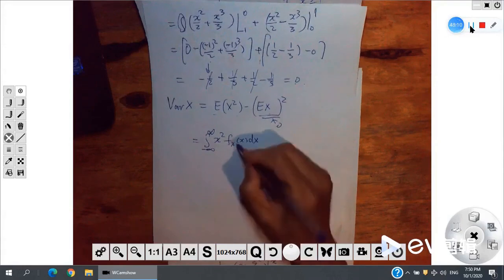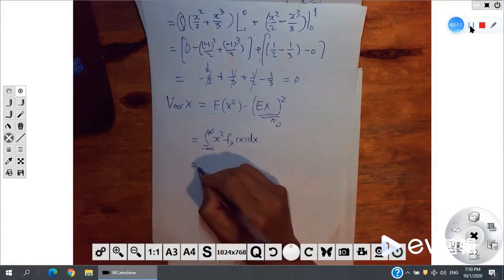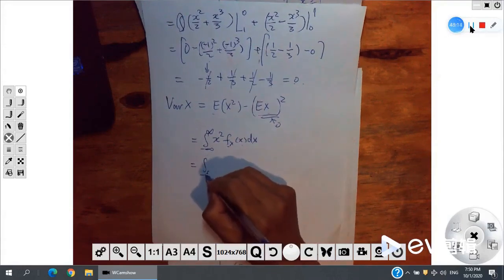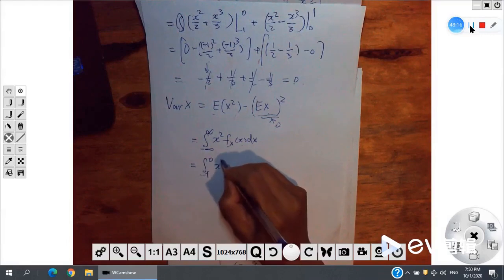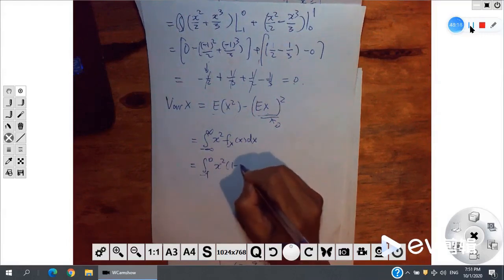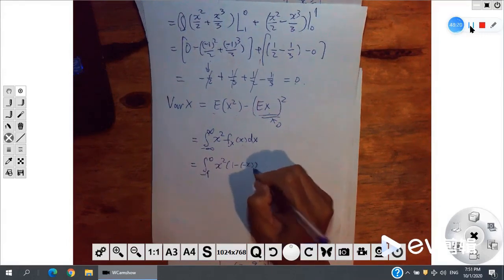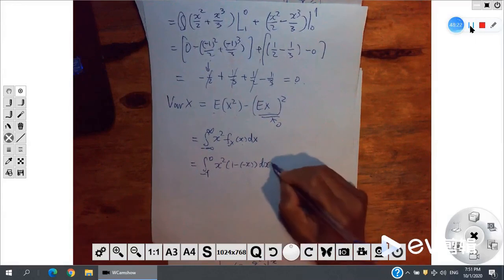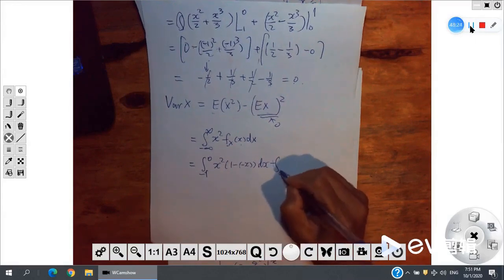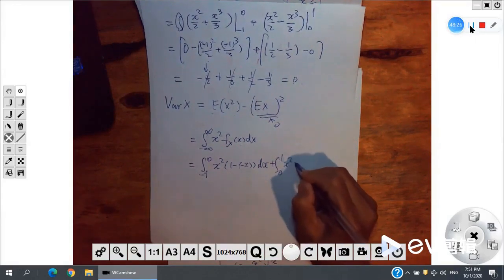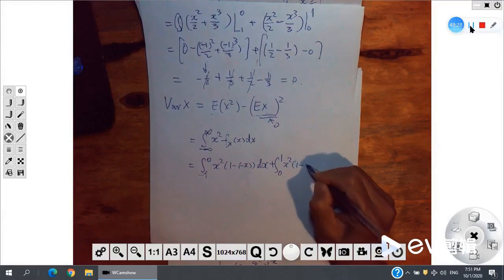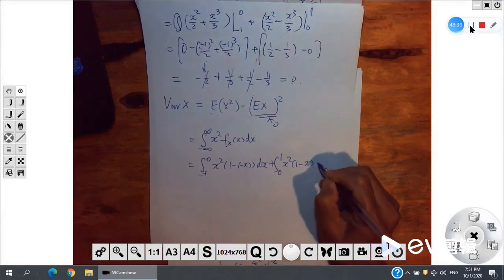By plugging in the density function, from negative 1 to 0, this is x squared times 1 minus a negative x, and plus from 0 to 1, it is x squared times 1 minus a positive x dx.